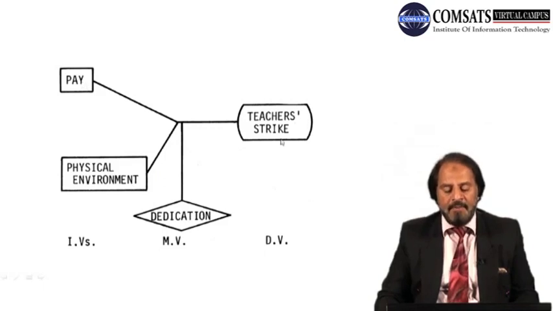In organizations where teachers have low dedication, this inverse relationship may exist very clearly. Similarly with the physical environment, the possibility of teachers going on strike is there, but it depends on whether the employee is dedicated or not. If not dedicated, you'll find this relation to be true. And when there is dedication, then this relationship is going to become a weak one.